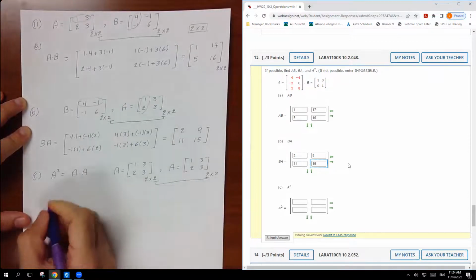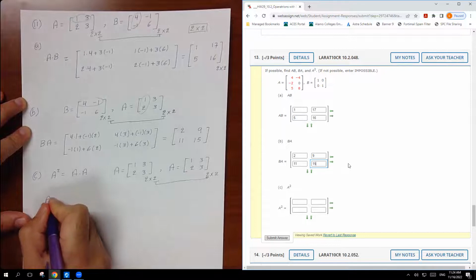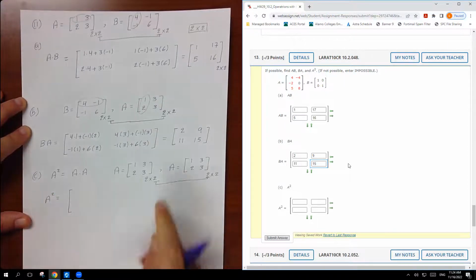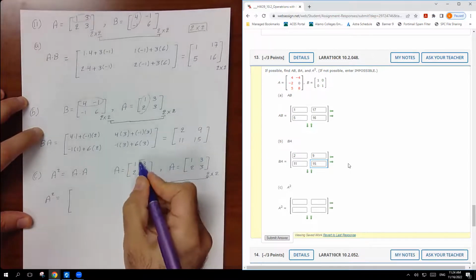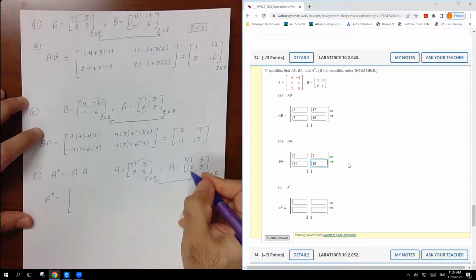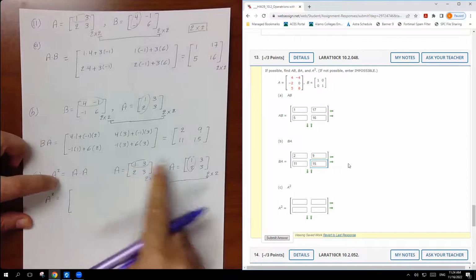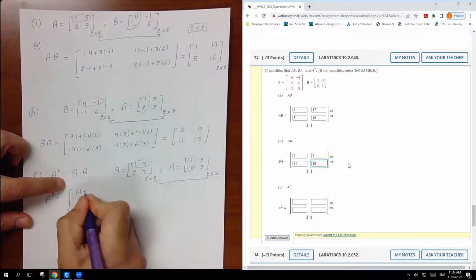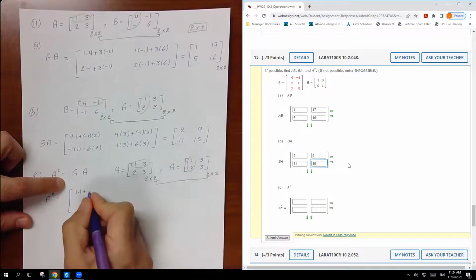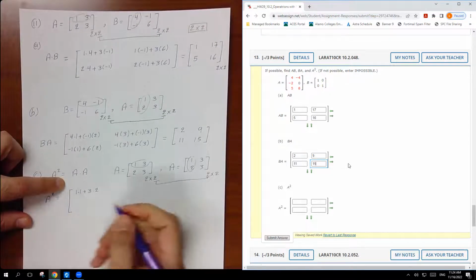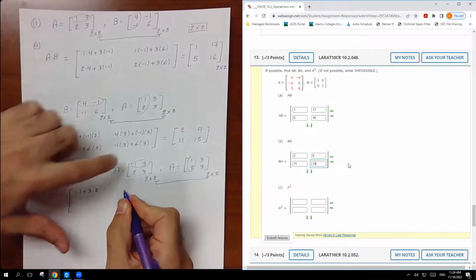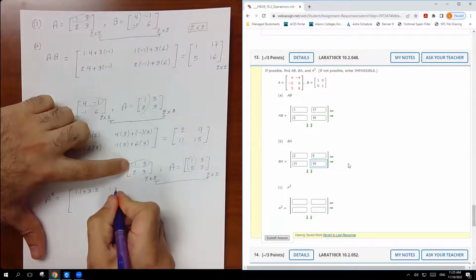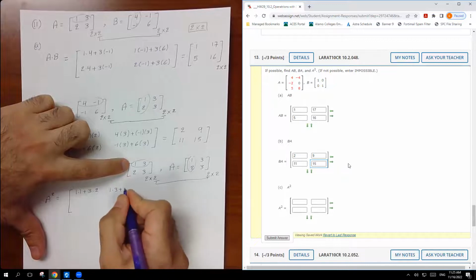So now the result is going to be A squared equal the first row times the first column. So it'll be 1 times 1 plus 3 times 2. And here is going to be the first row with the second column. So it'll be 1 times 3 plus 3 times 3.